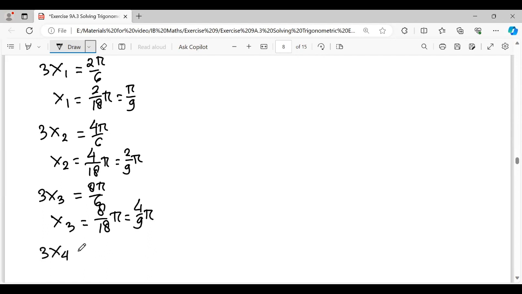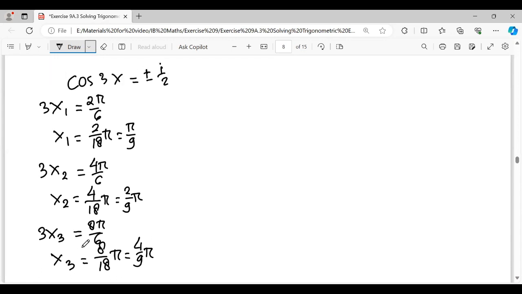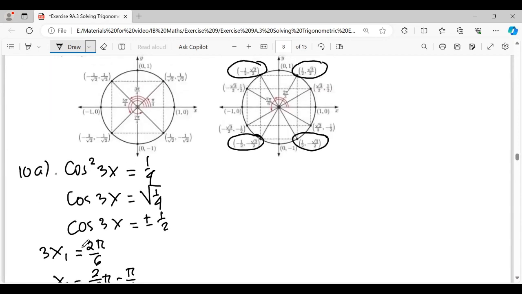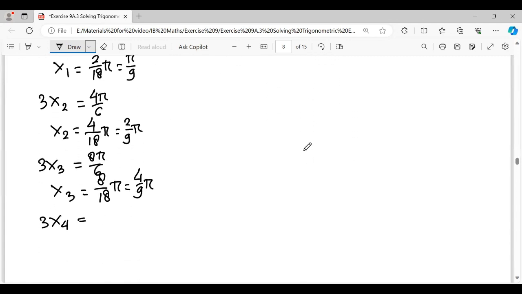3x4. We need to check first the diagram. That one, 10 pi/6.